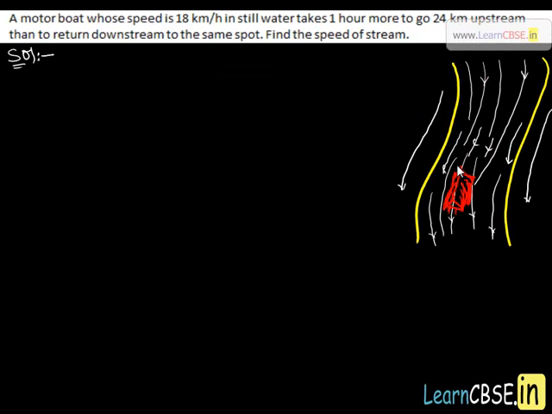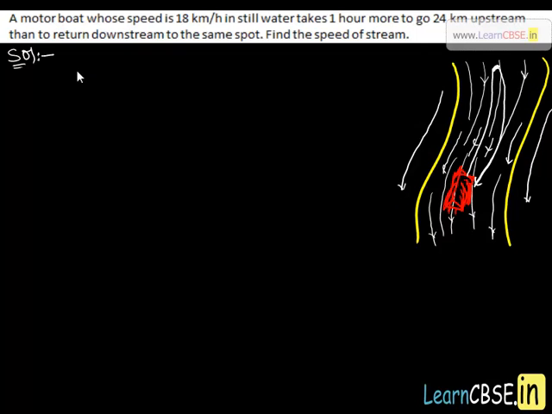According to the problem, we have a stream and a boat in the stream traveling with a speed of 18 kilometers per hour and it moves upstream. It takes some time, and then from this point it comes to the same spot and it takes 1 hour more. So we have to find out the speed of the stream.